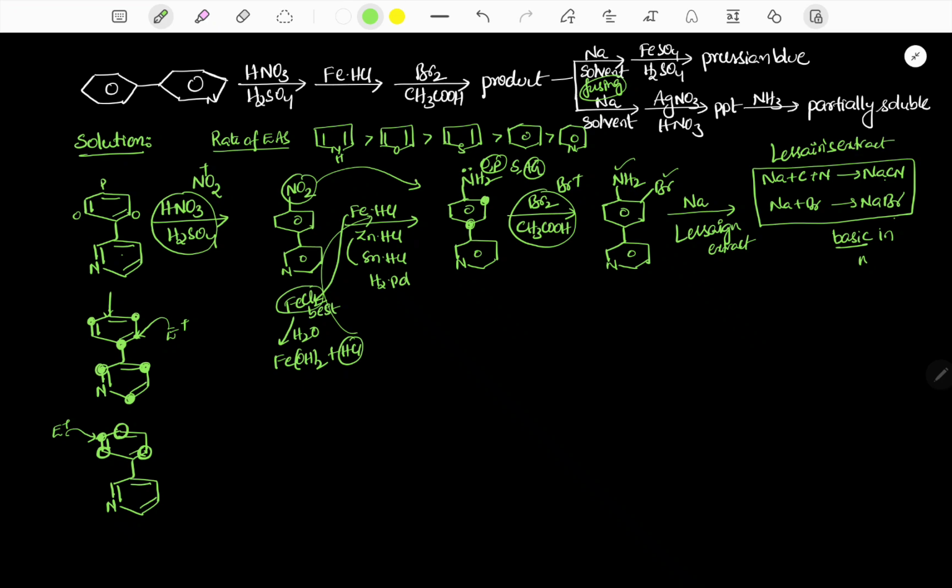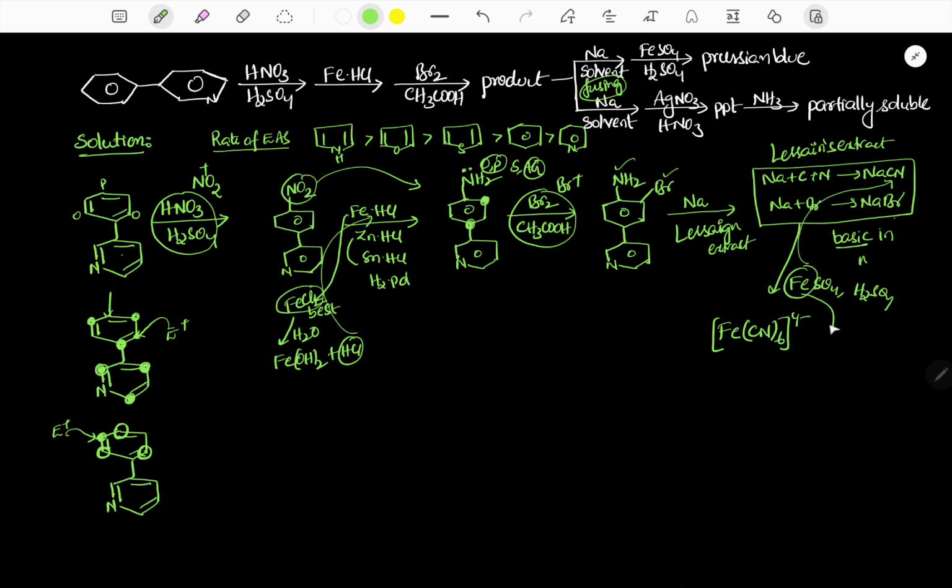Now this Lassaigne extract is treated with FeSO4. When it is treated with FeSO4 in the presence of H2SO4, this Fe2+ forms a complex with CN minus, forming [Fe(CN)6]4-.